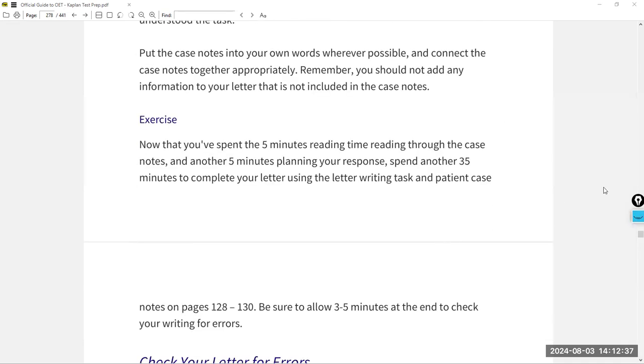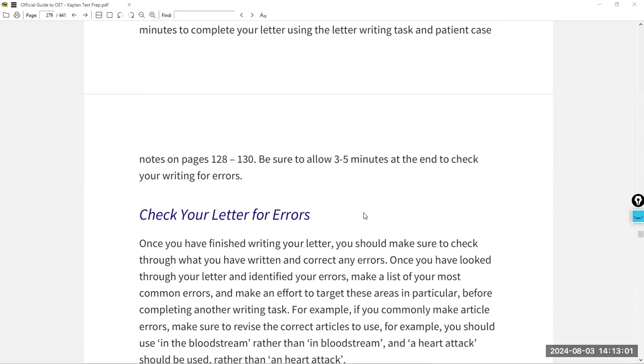Okay, so now the exercise is saying that you've spent 5 minutes reading through the case notes and another 5 minutes planning your response, spend another 35 minutes to complete your letter using the letter writing task and patient case notes on the pages that I have shown you.